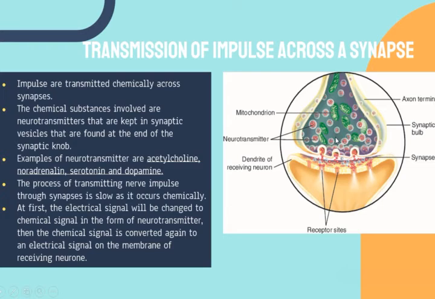Once the neurotransmitter passes over to the dendrites of the other neurons, the chemical signals are converted again into electrical signal. So the transmission of the impulse here involves the electrical signals to the chemical signals and back to the electrical signals. Alright.